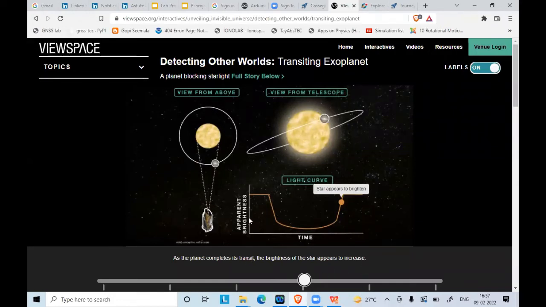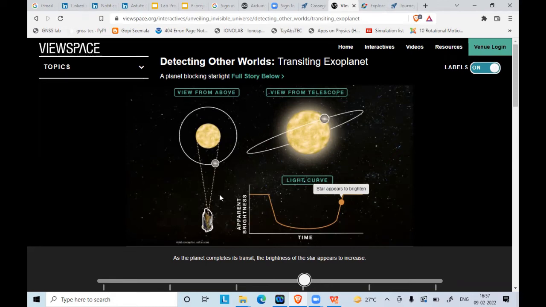And if you are periodically observing the dip in the brightness, and as we have learned about circular motion around a star, that it is a periodic motion, then I can easily determine the period of that exoplanet.